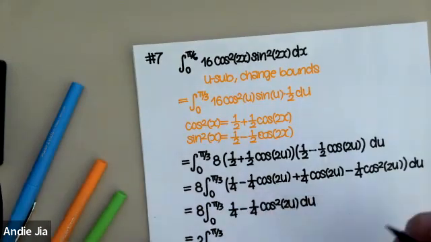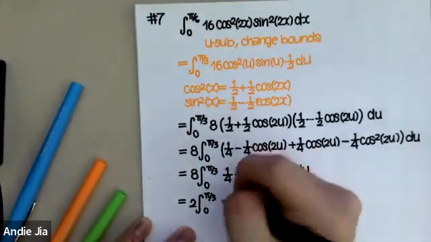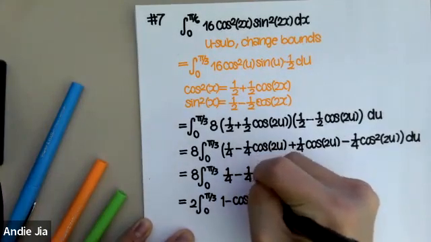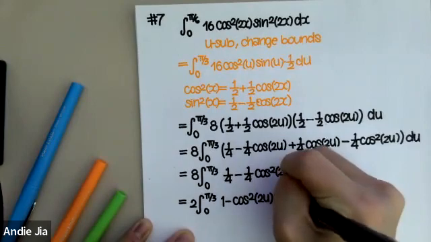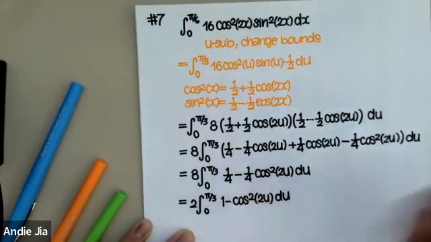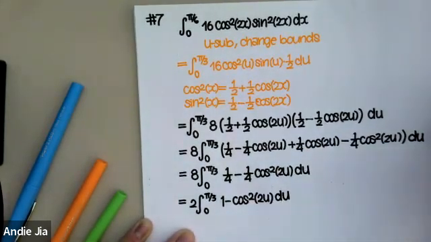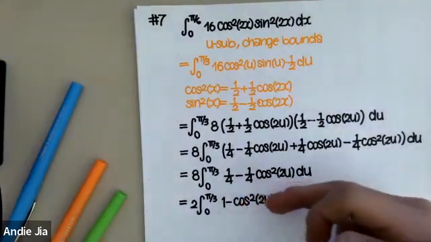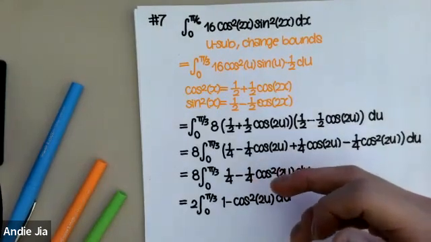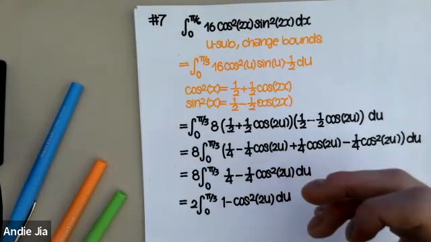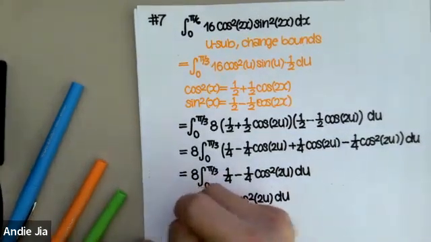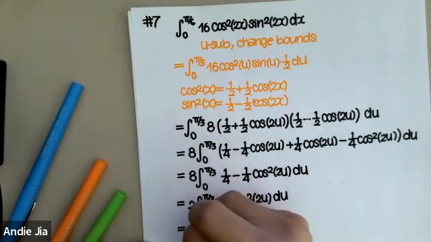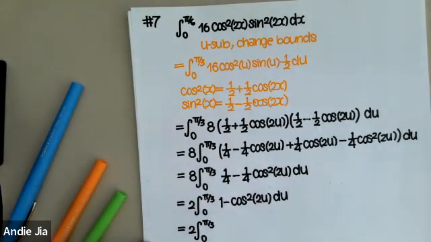Just get rid of the constant. Then do the antiderivative. And then it has 2u. It is going to be from 0 to pi over 3 here.